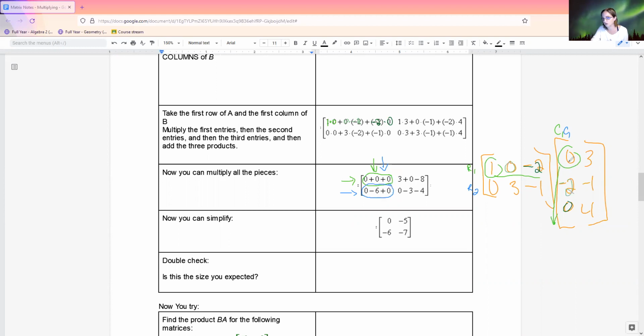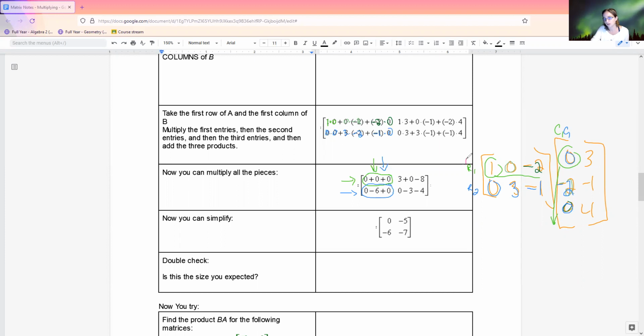Row 2, column 1. Okay, so I have 0 times 0, 3 times negative 2, negative 1 times 0. Okay, new color, pink.